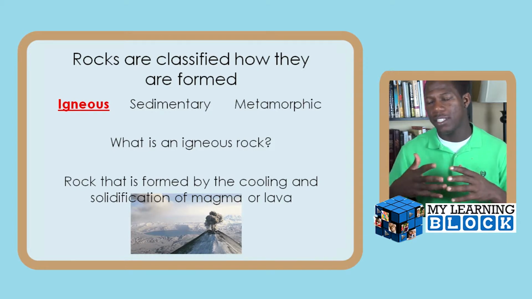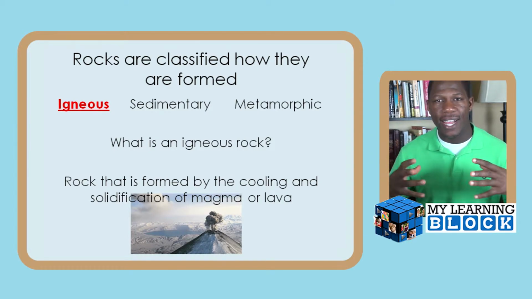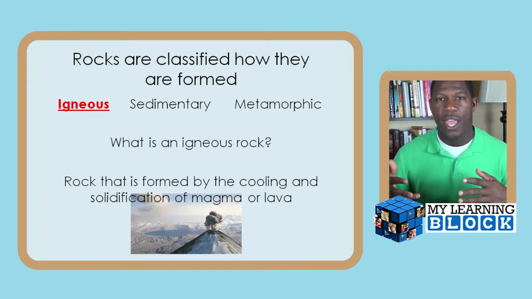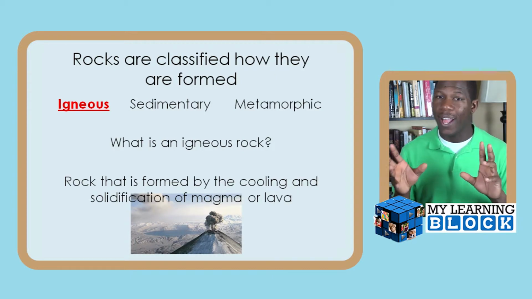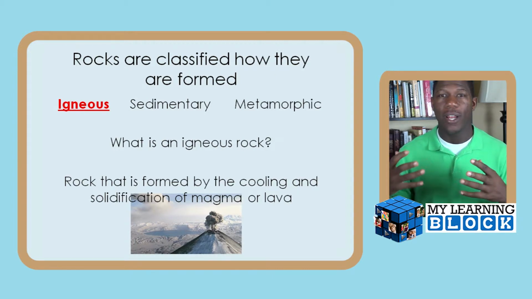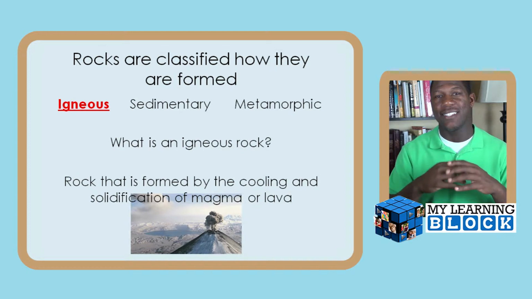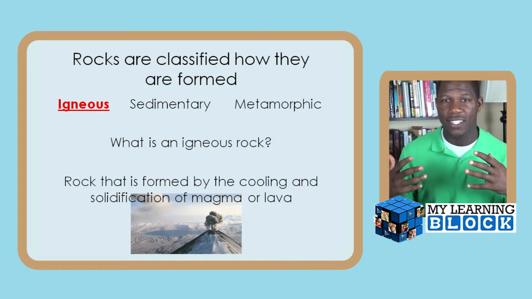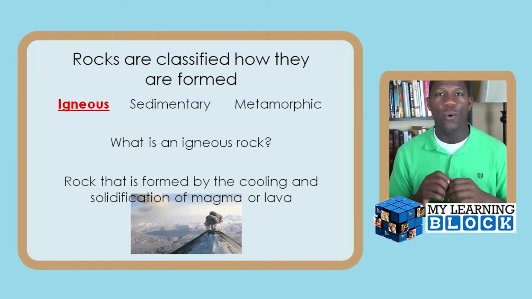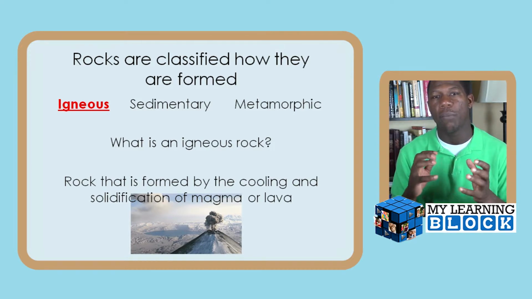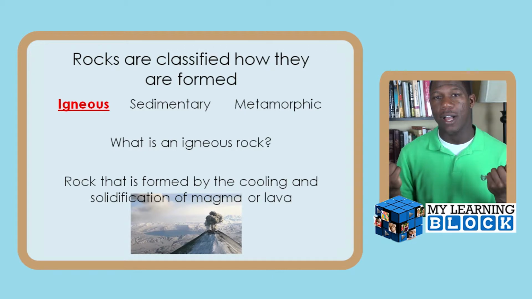Basically inside the earth, there's really, really hot stuff. And when that stuff comes out, or as it's inside, it solidifies. That's the solidification, that makes it hard. And when it becomes hard, it creates rocks.